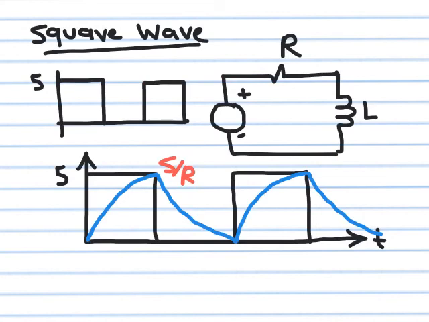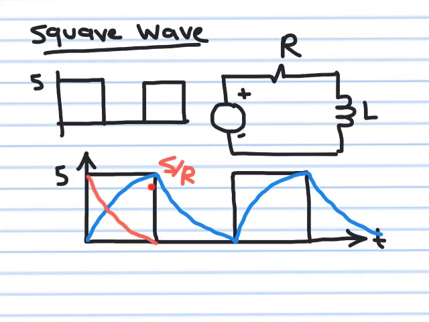Let me draw it maybe with a different color. You start with 5, and then it starts gradually and slowly to decay with time. At infinity, the inductor current will go to its steady state value, and we agreed that when the current in the inductor reaches its peak value, the inductor voltage will be 0. This is one of the properties of the inductors.